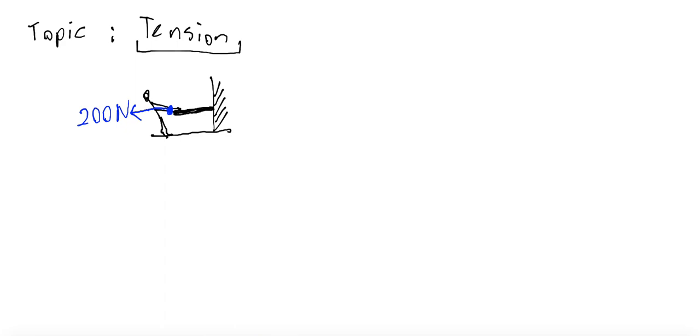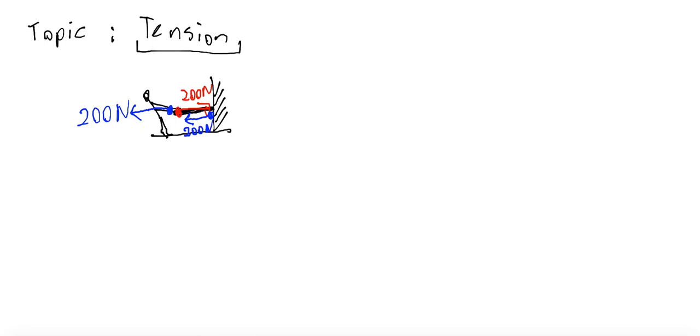So it is the tension of the string. Of course, due to the third Newton's law of motion, the person also experiences a force of 200 newtons. And we have a stationary case, which means that tension must be equal to 200 newtons. In other words, the wall experiences a force of 200 newtons because it is the same as the tension.